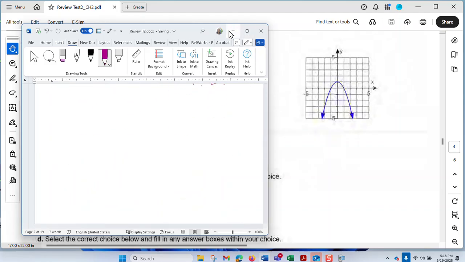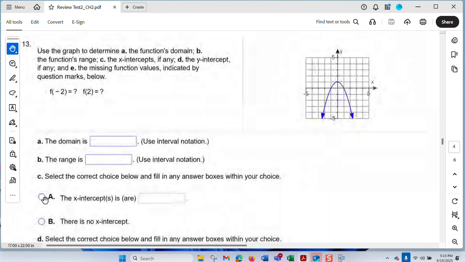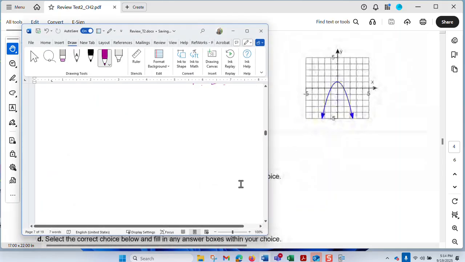And then we're going to find the x-intercept. Oh yeah, we do have 2 x-intercepts here. So if we're asking you the x-intercept here, this one will be -1, and then another one will be +1, right? So you only need to write down -1, comma, 1, and that's it.